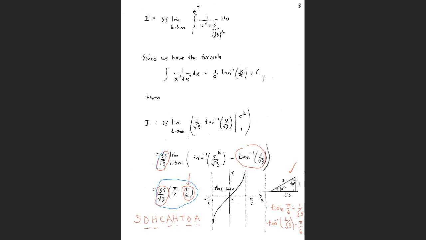All right, let's focus now on the other part. You have the arctangent of e to the t over root 3, but you're taking the limit as t goes to infinity. So e to the t over root 3, what would that equal as t goes to infinity?